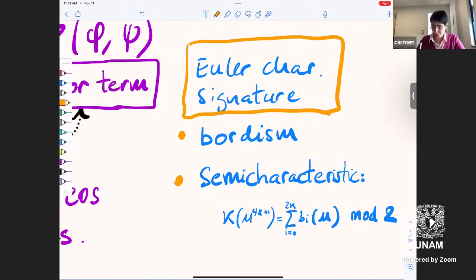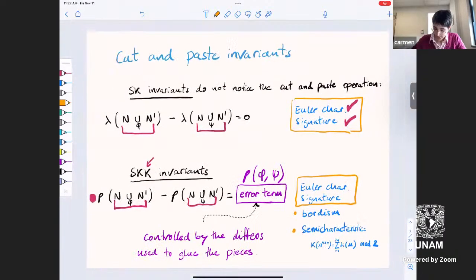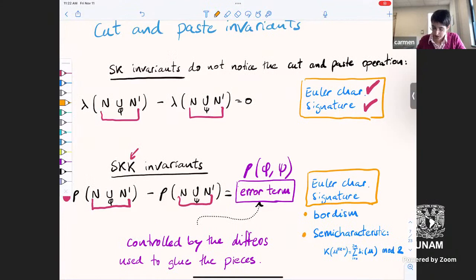And then whatever your result is, you take it modulo 2. That's how you compute the Kervaire semi-characteristic. And that's one very interesting part of the story, as we will see in a second. So yeah, a lot more invariants. In particular, all bordism invariants are actually SKK invariants as well.